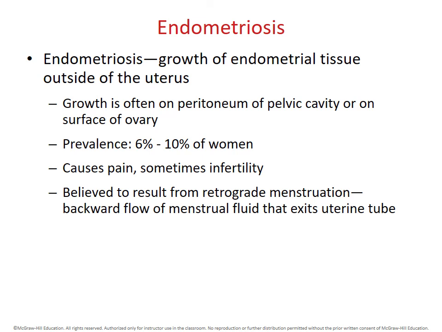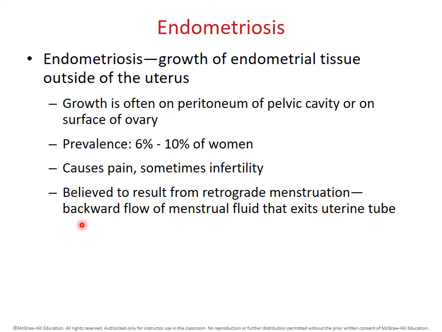Generally, it's painful as this endometrial tissue grows and develops in these abnormal areas. Sometimes, if it happens on the ovary, it can cause ovarian damage, resulting in infertility. Oftentimes, it seems to result from retrograde menstruation. So, again, during menstruation, of course, the endometrium is supposed to slough out through the vaginal canal.